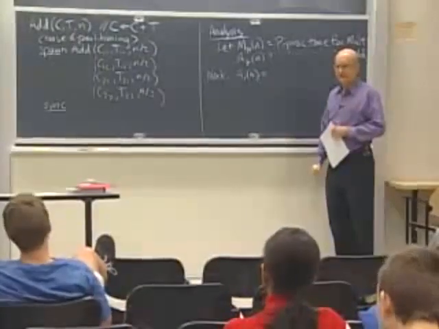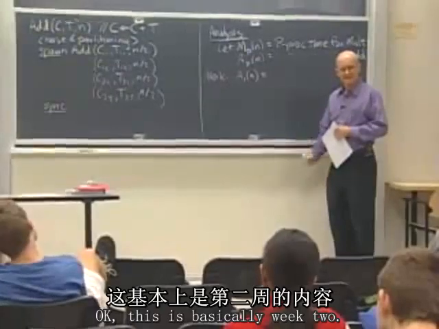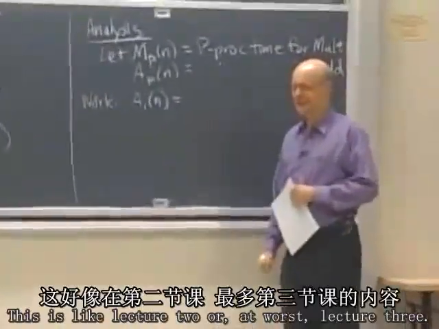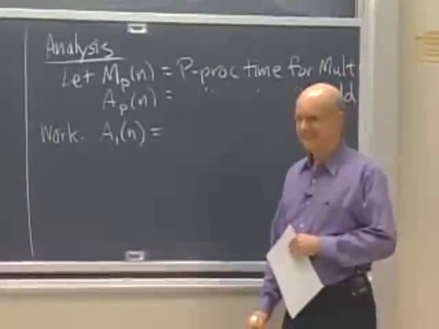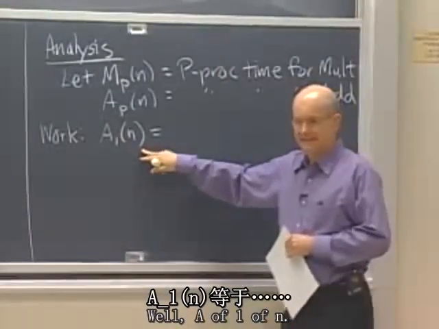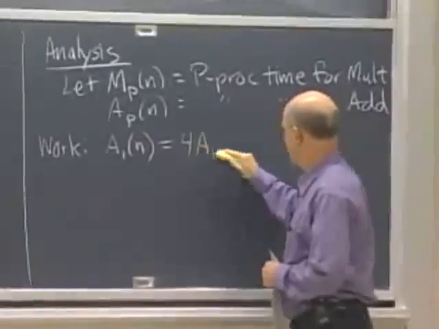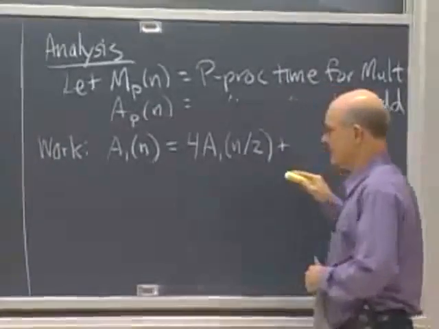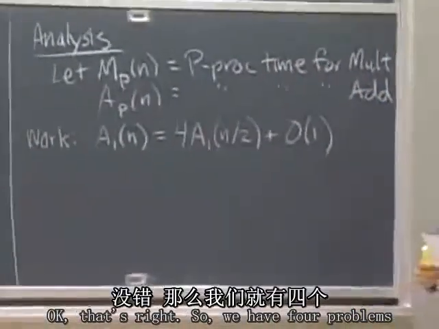Okay, this is lecture 1, actually. This is like lecture 2, or at worst lecture 3. A1 of n equals 4 A1 of n over 2 plus order 1, right. Okay, that's right.